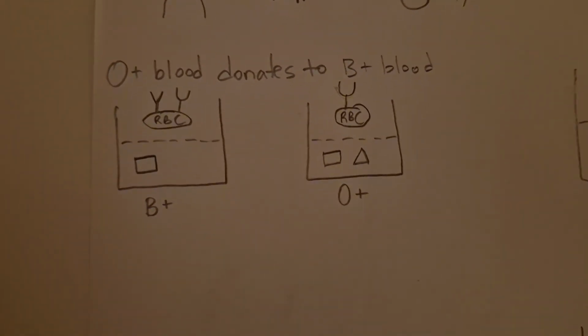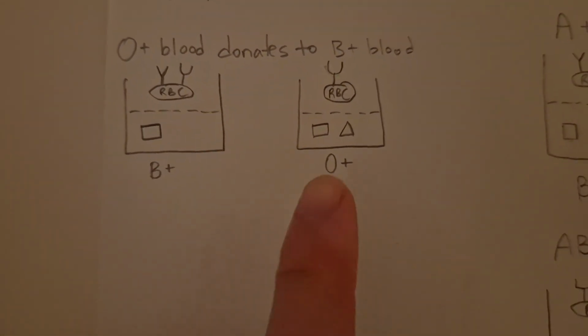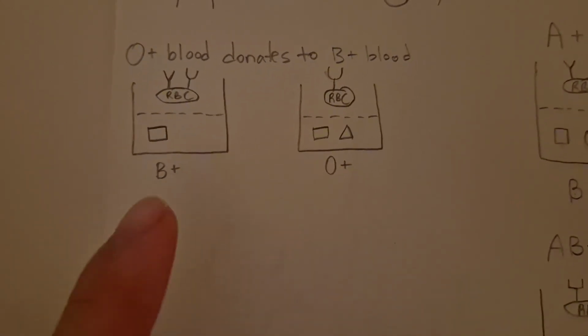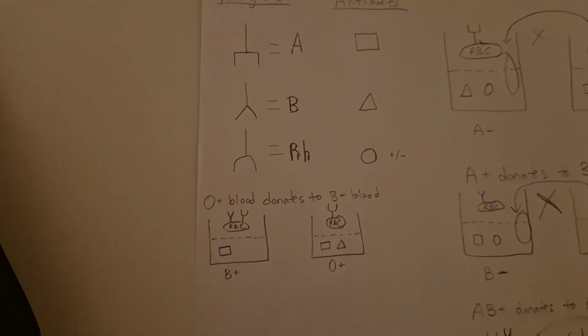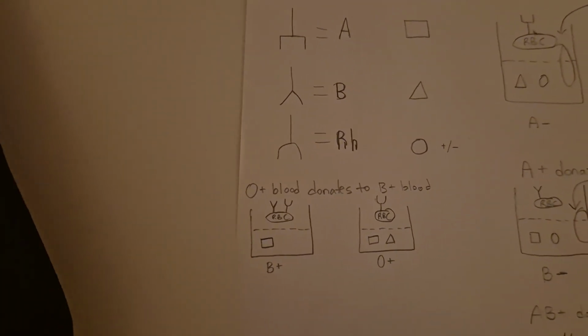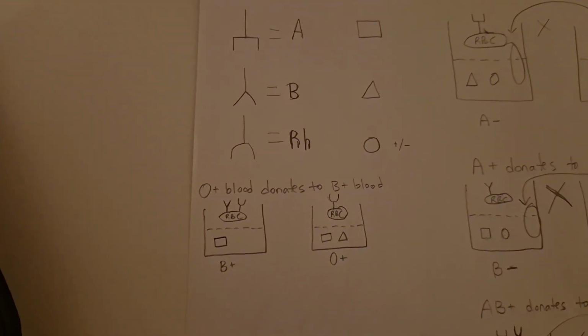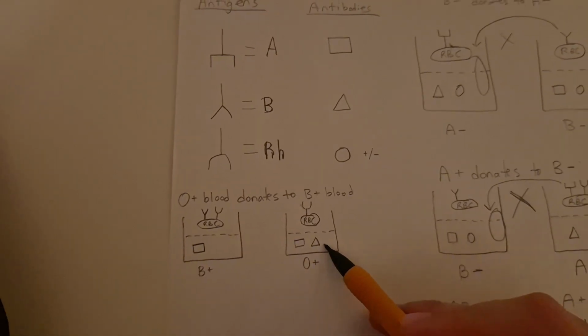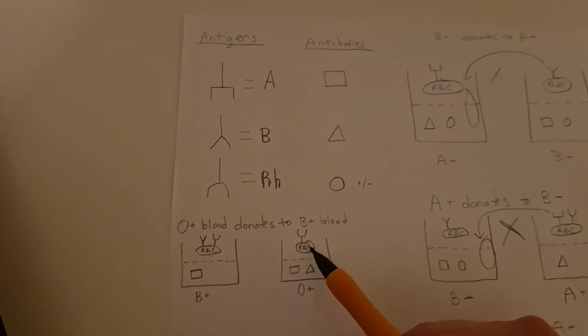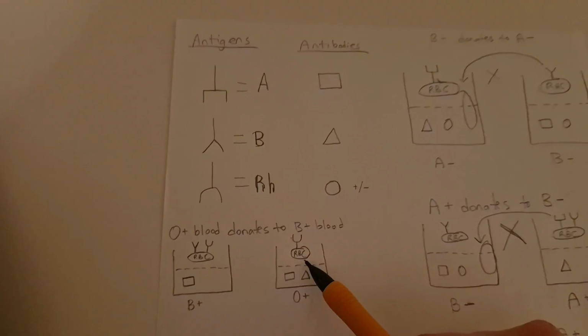To show you an example of where it actually does work, when you have O plus blood donating to B plus blood, again, to line it up with our antibodies and antigens, O plus has both antibodies on it. So we have A and B antibodies here, and since it's a plus, we have our Rh antigen on the RBC.